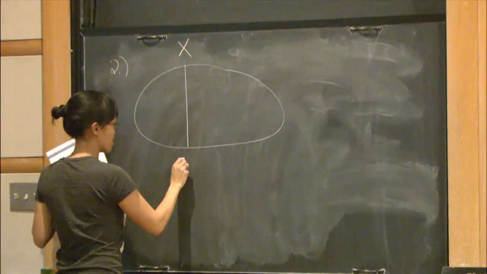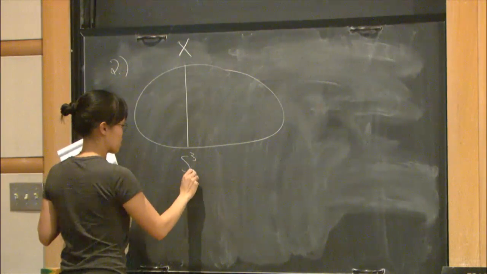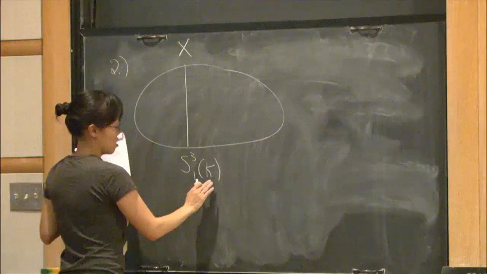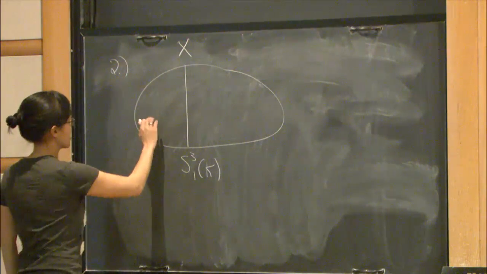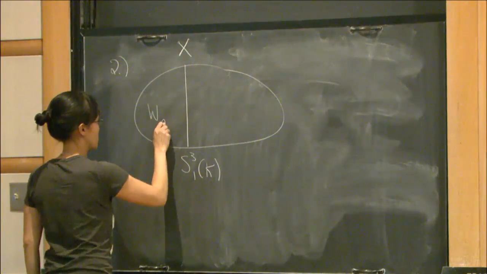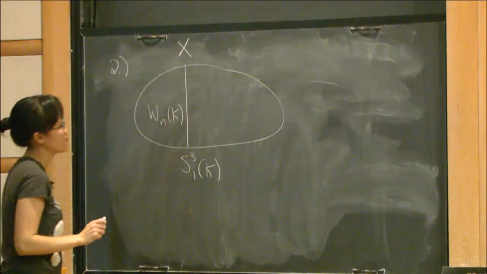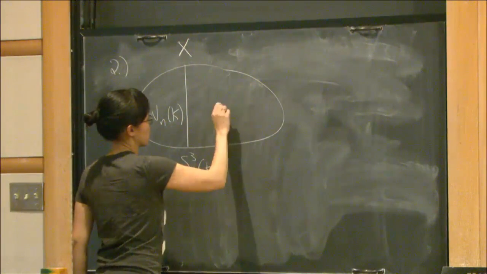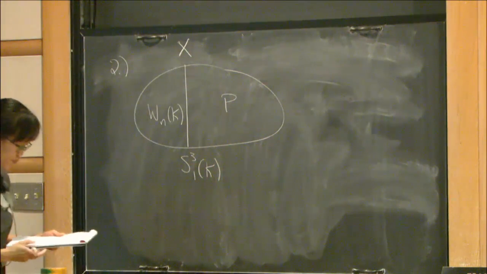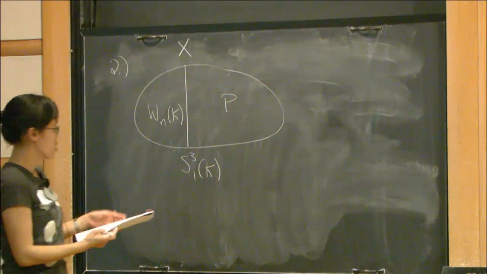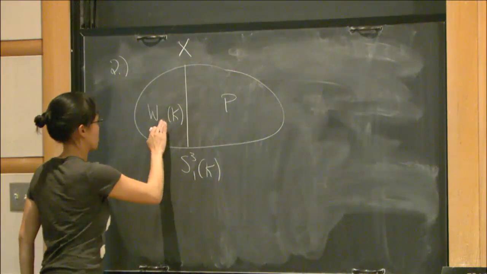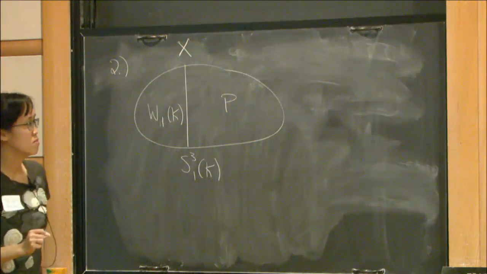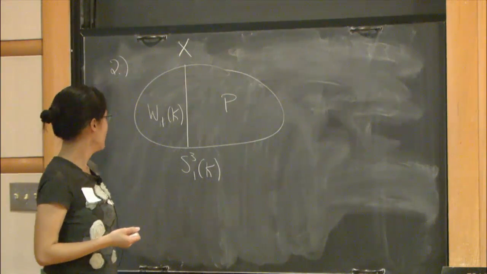Well, here on the boundary, we'll see +1 surgery along some knot K, whatever, pick some first component in your link. Here is going to be the trace of that surgery. And then here is just whatever is left.